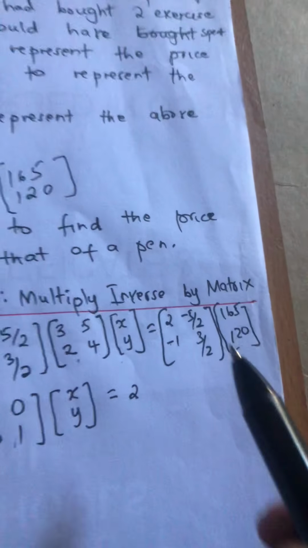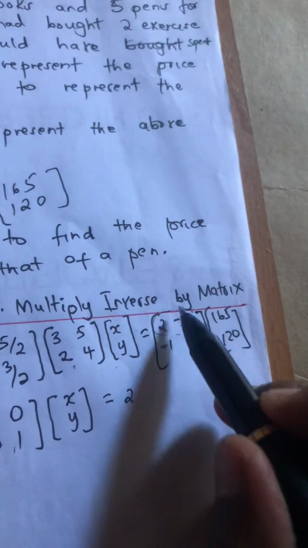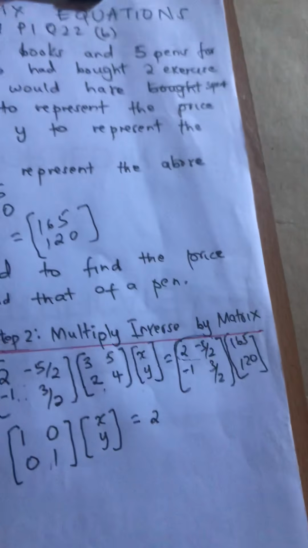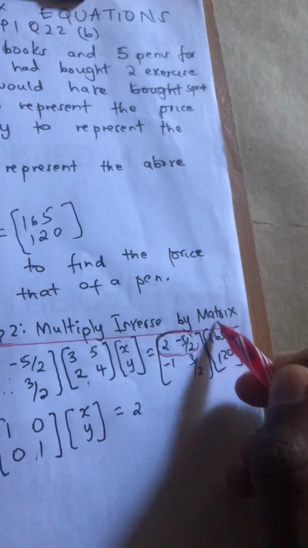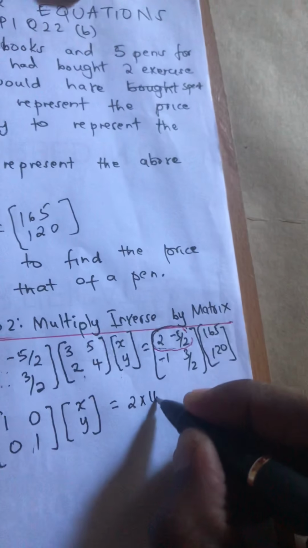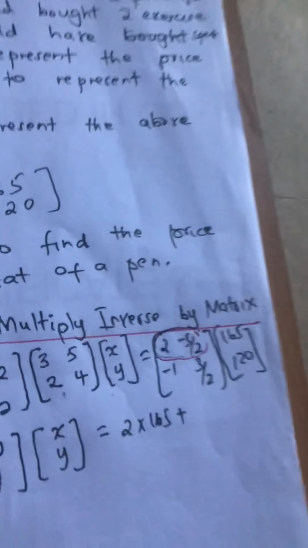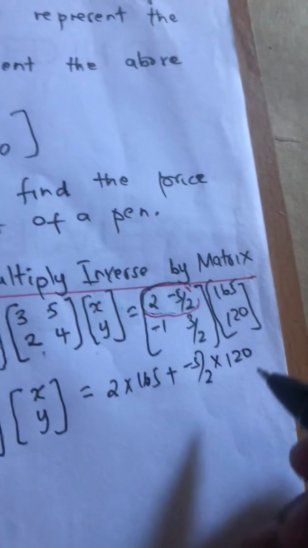I taught you multiplication: we take a row multiplied by a column. So it will be 2 times 165 plus minus 5/2 times 120.